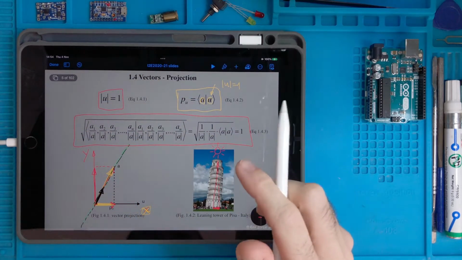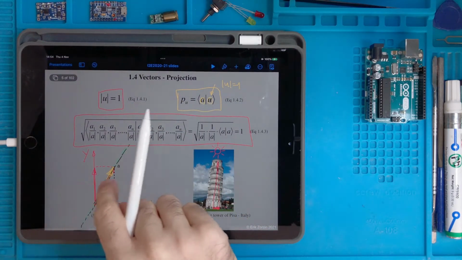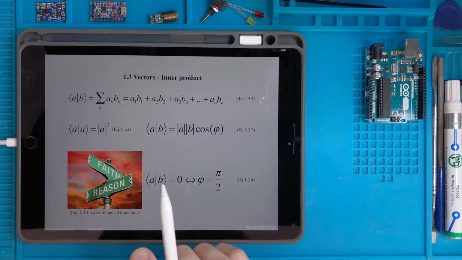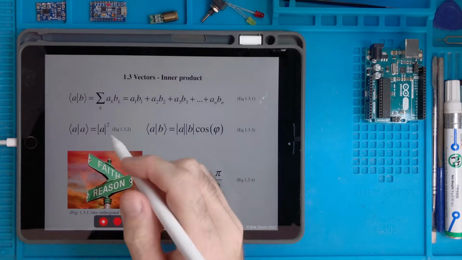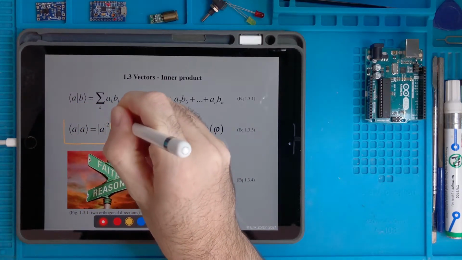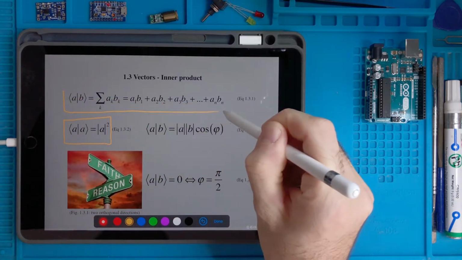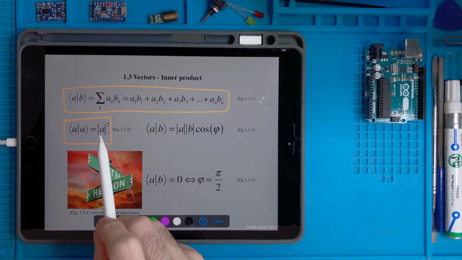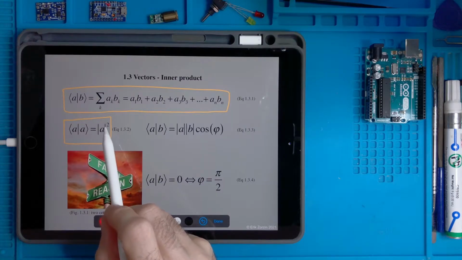So if I go back one slide, then we see also something, maybe I missed to say this, that this operation of computing the inner product, so these long summations if we have many dimensions, also corresponds to the magnitude of the vector raised to the power of 2.